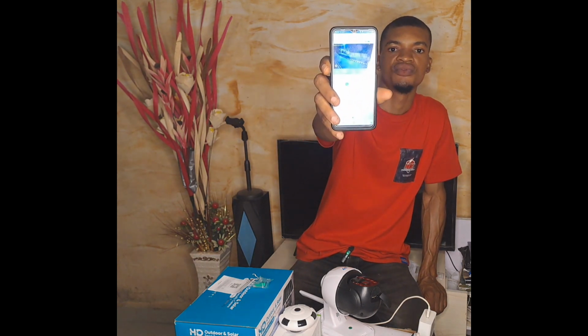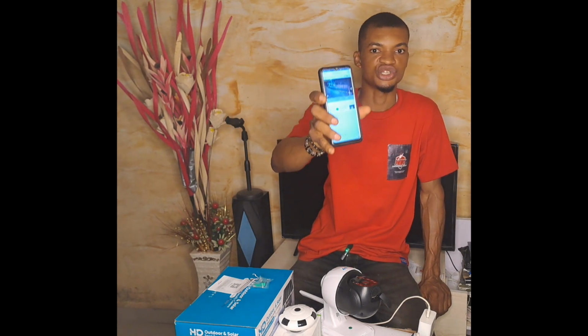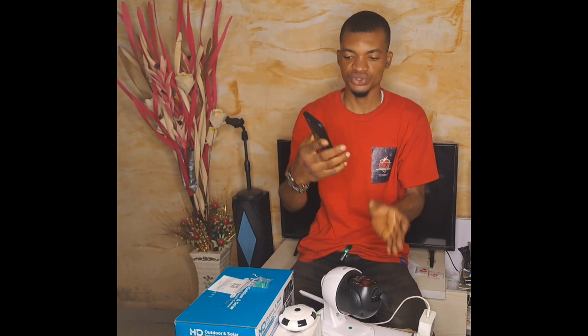So right now, as you can see, this is very early in the morning, around 6 o'clock or past 6. You see, this is a minute to 6. From here you can see what is happening around that area. You see it as clear as it is. I'm viewing my site here at a spot. So this is what this camera does.